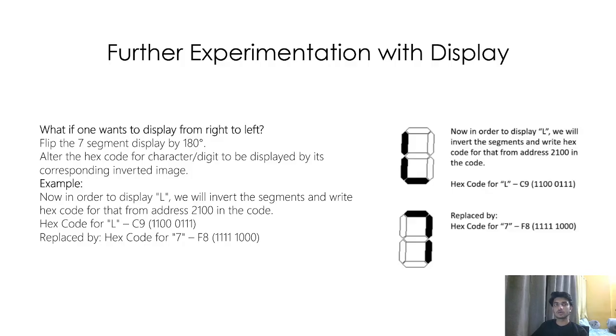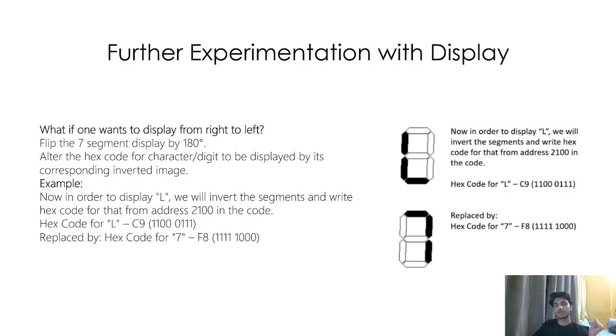Now for the innovation part, what I have done is, how about if we do the same, but we do not want to display the text in the rightward direction, but in the leftward direction. The solution that came to my mind is, what if we physically flip the seven segment display by 180 degrees? Of course, flipping the displays will only show mirrored positions.